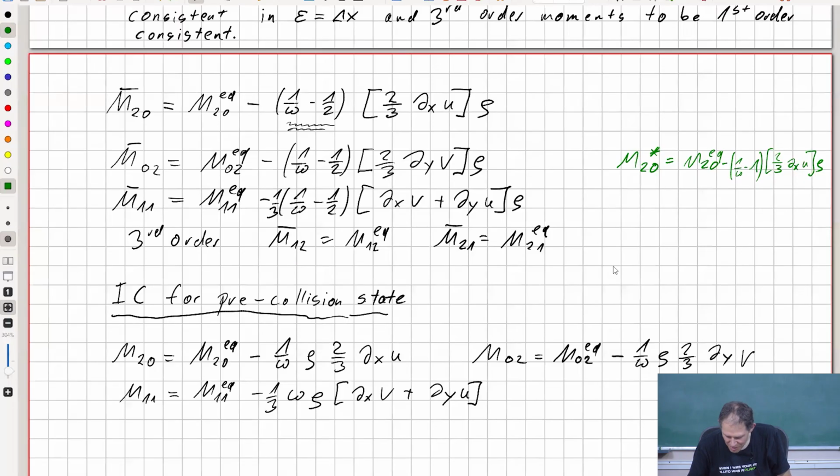So that if we add this to this and divide by 2, then we would have this. So if you want to initialize for post-collision, you would need to use this version.